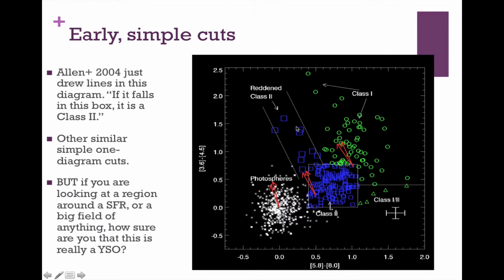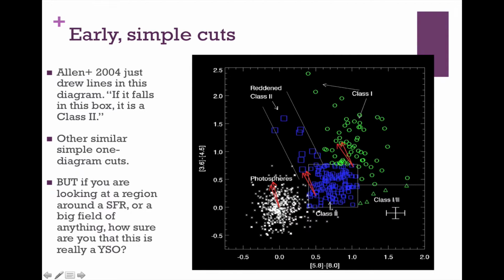So all of these guys are heavily reddened class 2 objects who should really be back here, but the extra dust in the way is pushing them up in that direction. Much like sunsets appear red, it's the same physics. And the same thing is here. These are the class 1s, and these are the reddened class 1s. And the plain stars are here.